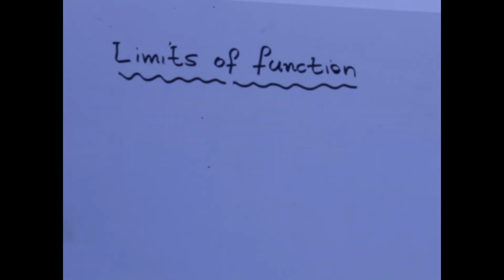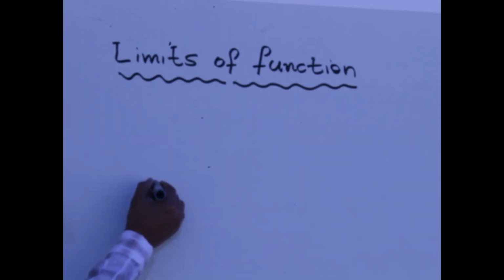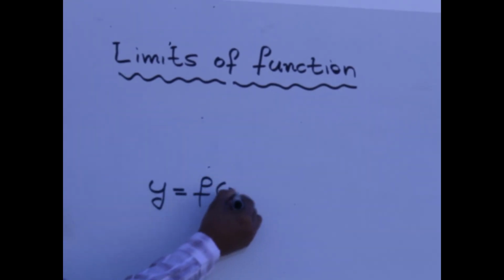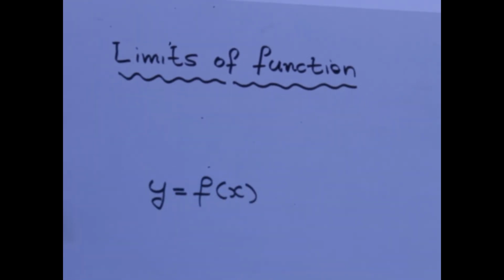So the function can be written as y equal to f of x, where x is the independent term and y is the dependent term.